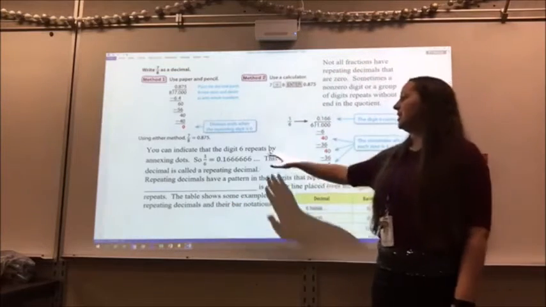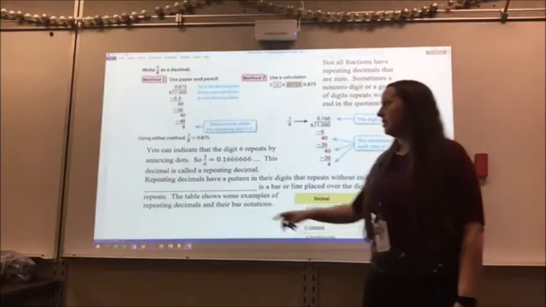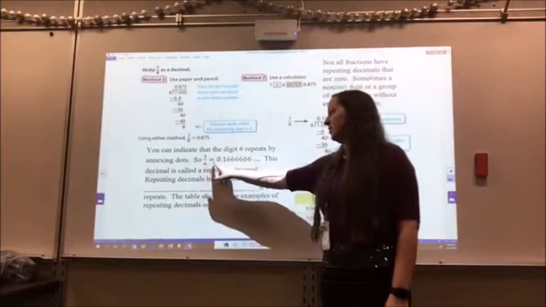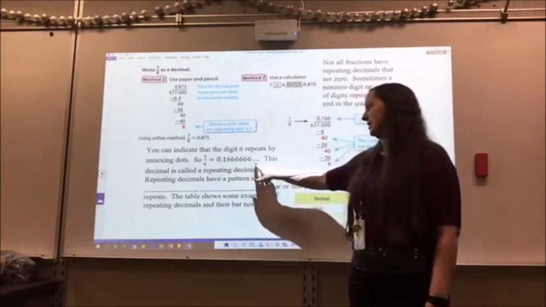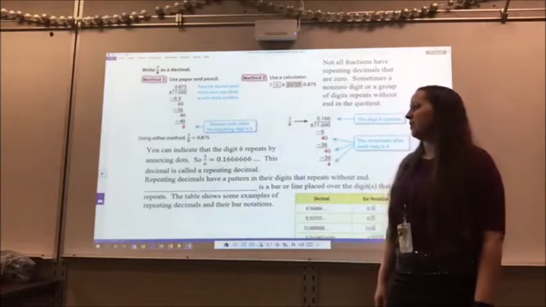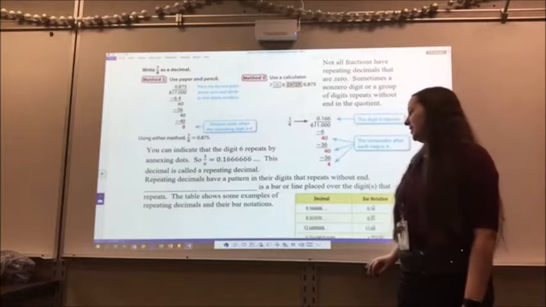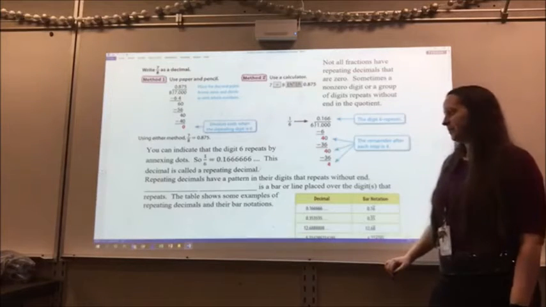Okay? You can indicate that a digit 6 repeats by annexing dots. So 1 over 6 equals 0.16666, and then the dots afterwards. This decimal is called a repeating decimal. Repeating decimals have a pattern in their digits that repeats without end.